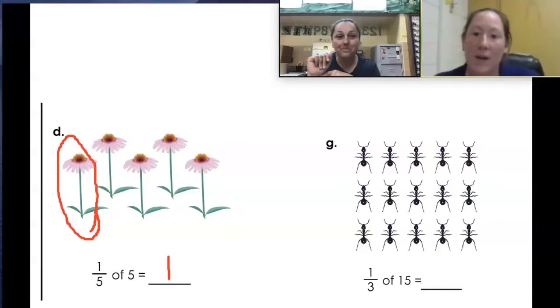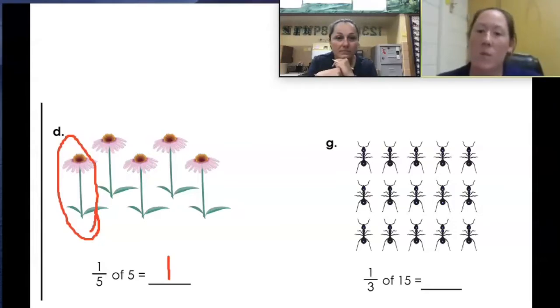If I go over and I take a look at our ants, our lovely little ants, we're wanting 1/3 of 15. So how many ants would I have in 1/3? Well, if I take a look at my ants, how can I easily break this into thirds? Well, how many rows do I have? 1, 2, 3, 4, 5. It's kind of like an array, right? I have 5 rows, so I don't think I can break it into rows. How about columns? I have 1, 2, and 3.